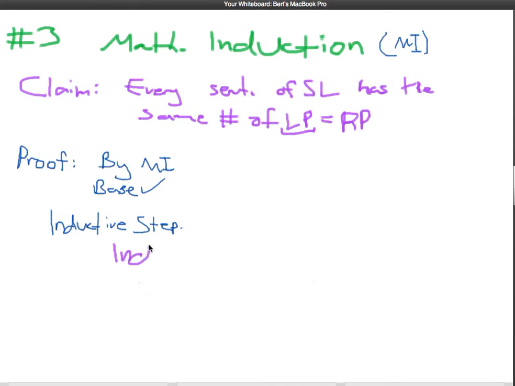So our inductive, and it's good to write this out. This is what I usually do. So the second part of the proof is the inductive step, and I'm going to write out what my inductive hypothesis is.